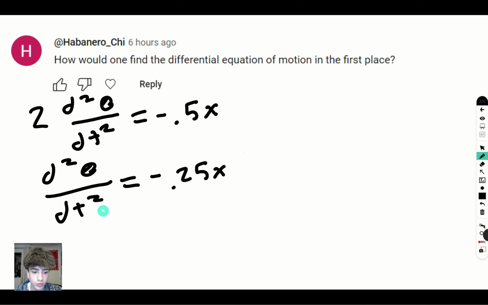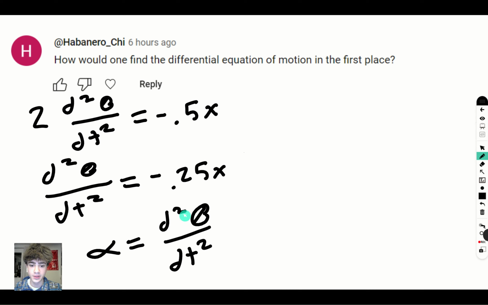Now, the first thing you want to keep in mind is that d squared theta over dt squared is simply just going to be angular acceleration, or alpha. And the reason behind this is because d squared theta over dt squared is the second derivative of angular position, which is angular acceleration.